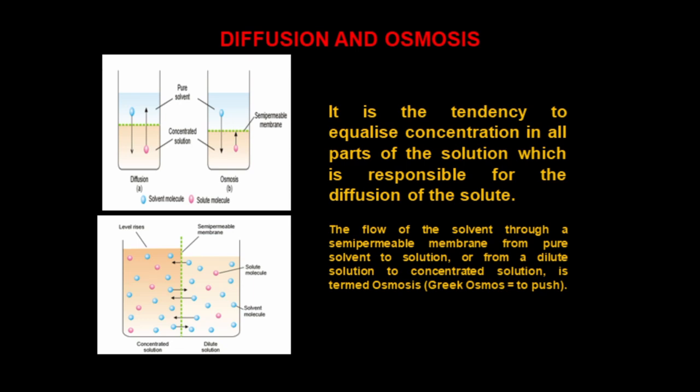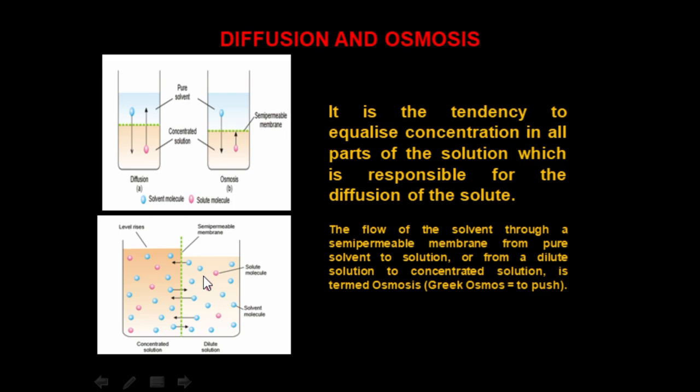Therefore, after some time, as more solvent molecules are moving from the dilute solution to the concentrated solution, the level of the solution rises, and therefore there will be an increase in the solution level on this left hand side, that is the concentrated solution side. That is due to the osmosis.